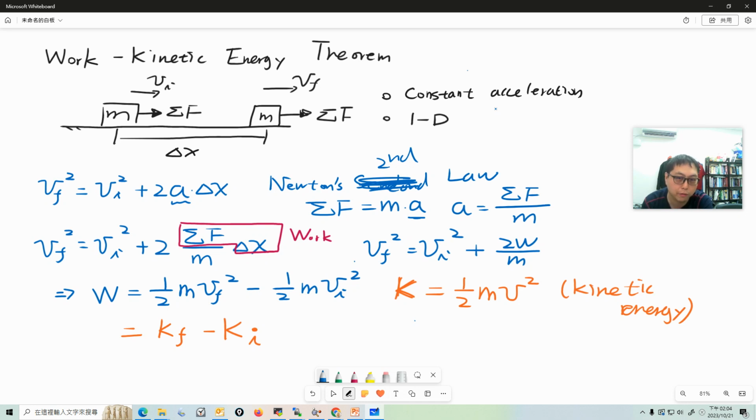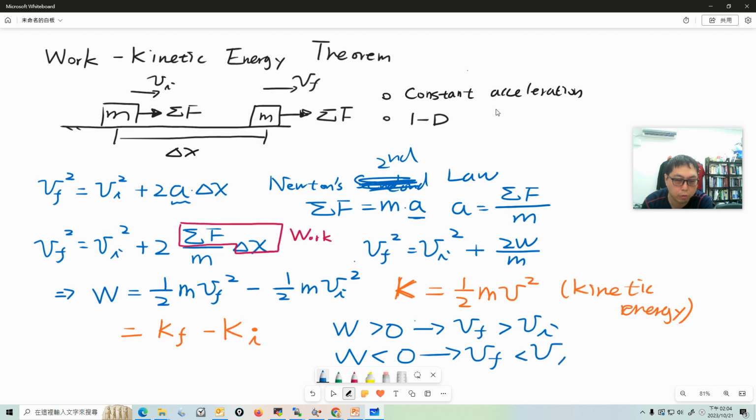If you do positive work, that means work is greater than zero, which implies your final velocity is greater than your initial velocity. If you do negative work, meaning work is less than zero, that implies your final velocity is smaller than your initial velocity.